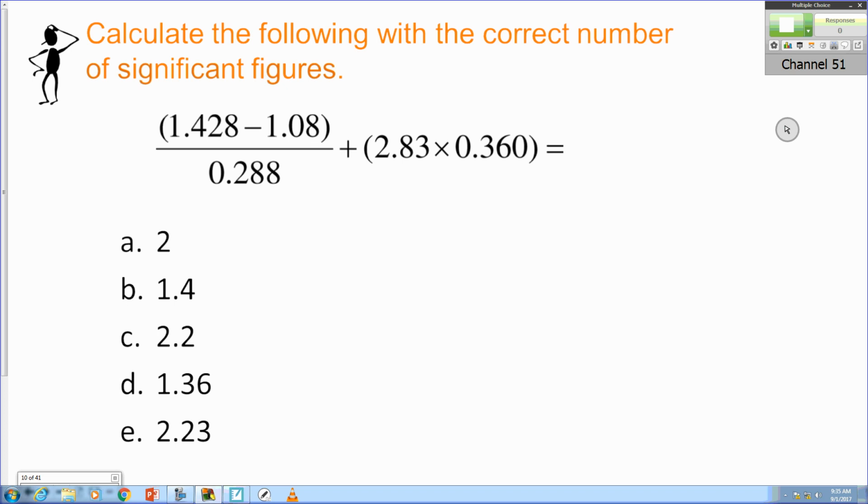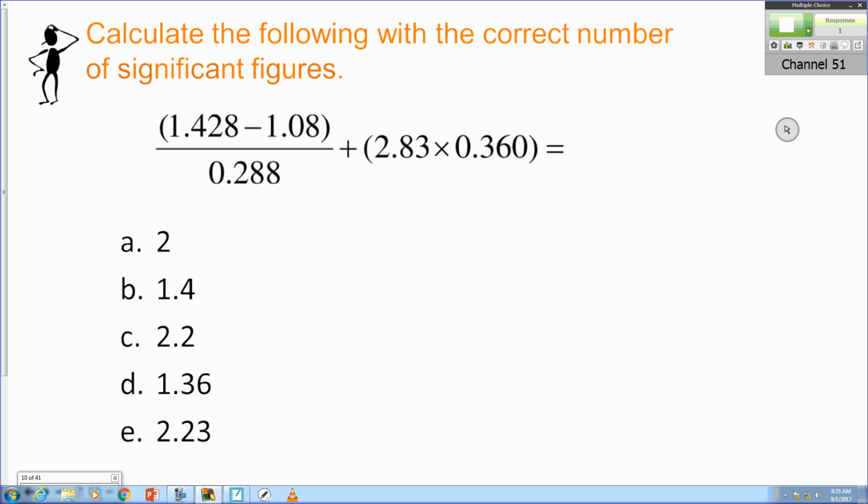So it'd be 0.35, that's three significant figures. I got the same. But this has subtraction, and this has 2 decimal places, right?